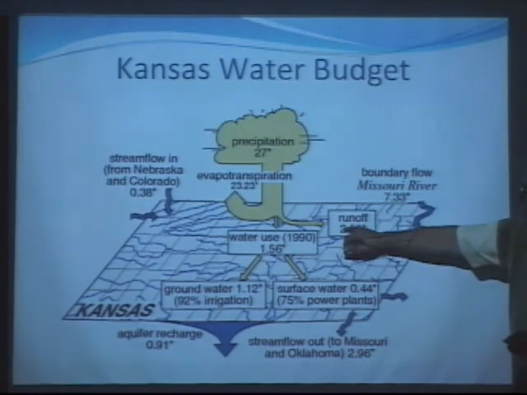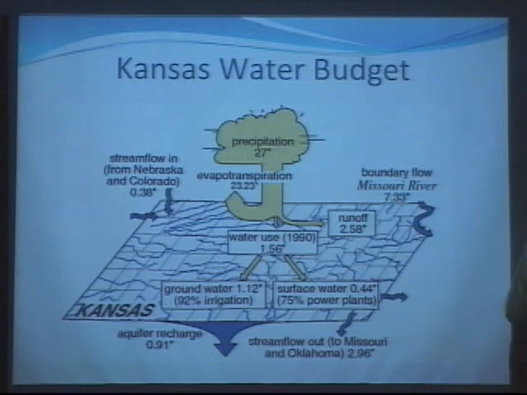The next piece is about 2½ inches that turns into runoff. So this is the water that, when it rains real hard, doesn't soak in, or the soil is already wet, and that water runs down the hill and eventually ends up in a ditch and gets to a stream.